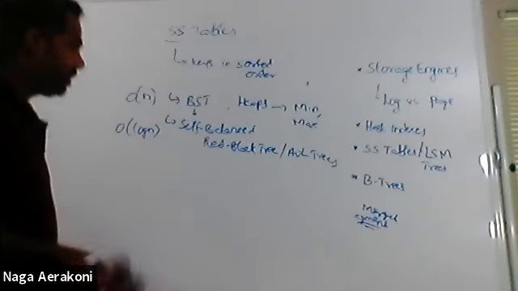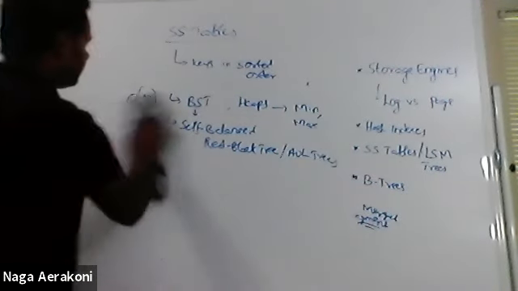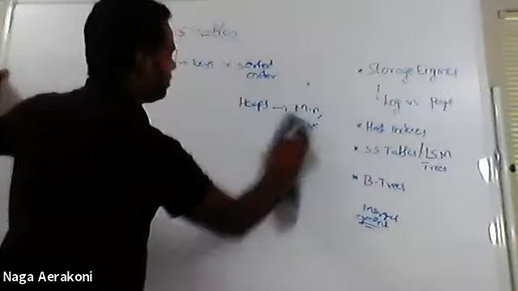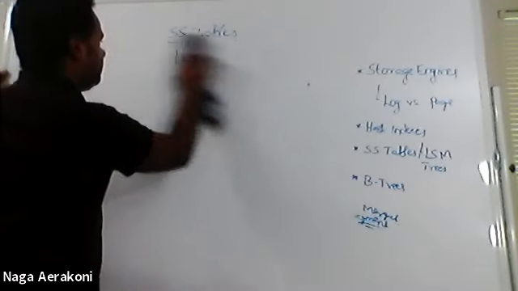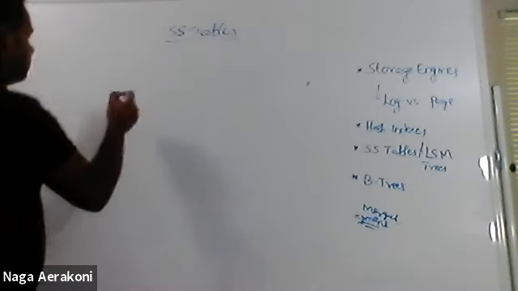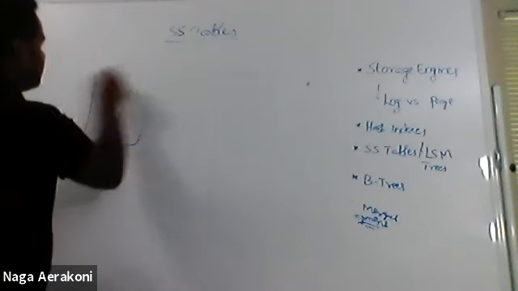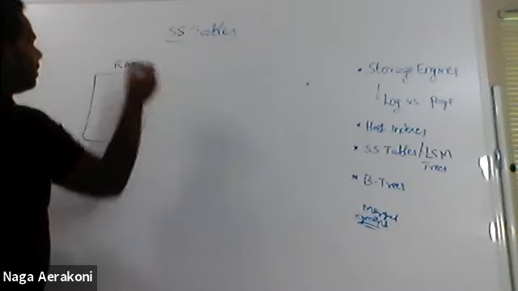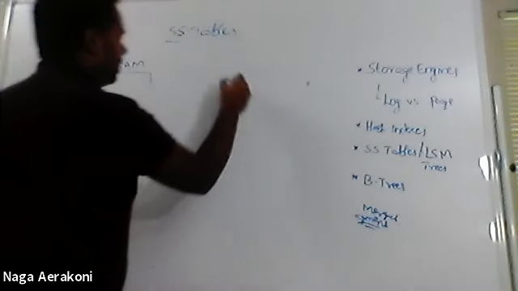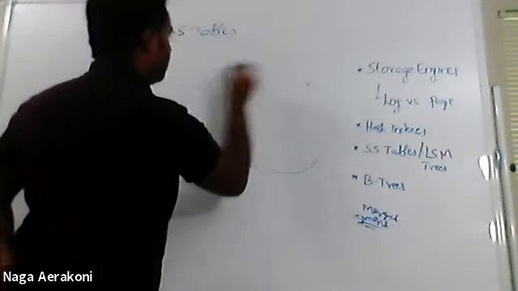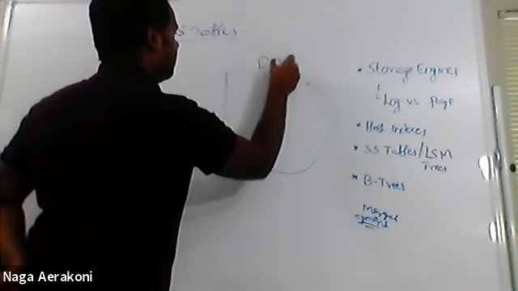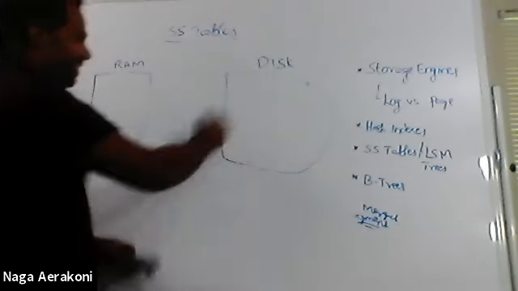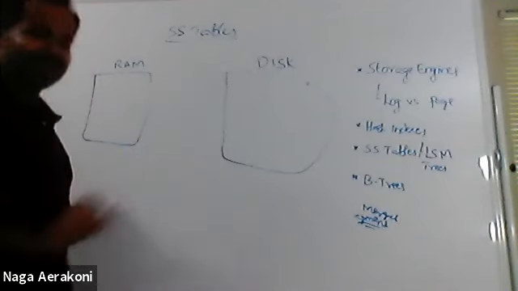What they actually do is, let me come to that. So let's take this as the RAM, and this as a disk. Sorry, normally disks are represented as round. I don't know how to represent it.